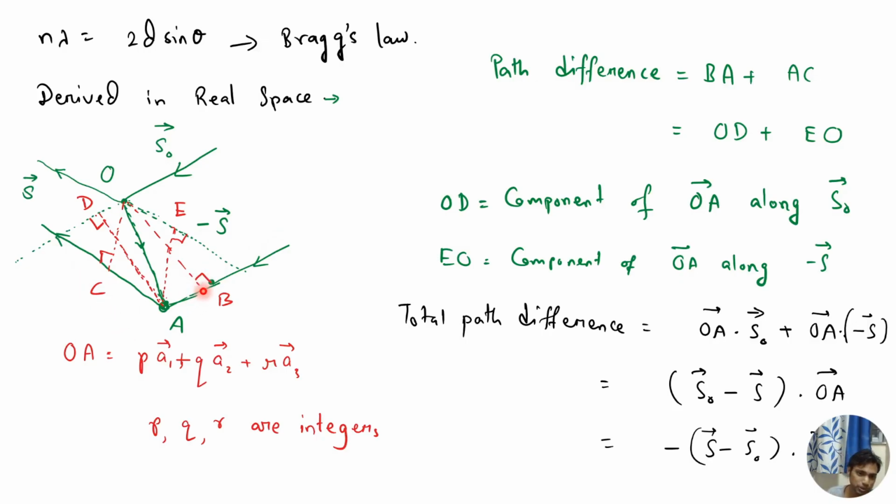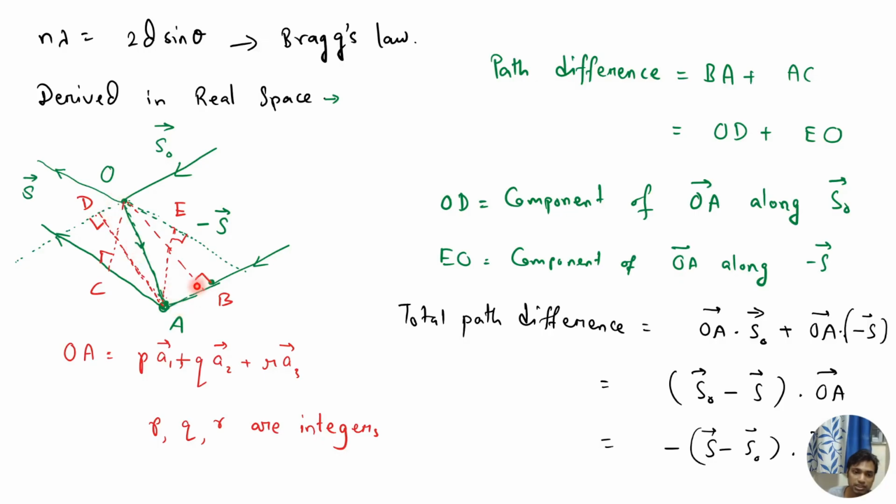Now this AB, you can think of it as, think of this parallelogram ABOD. Now AB is parallel to OD, and what is OD? OD is nothing but the component of OA along S0. I hope this point is clear.